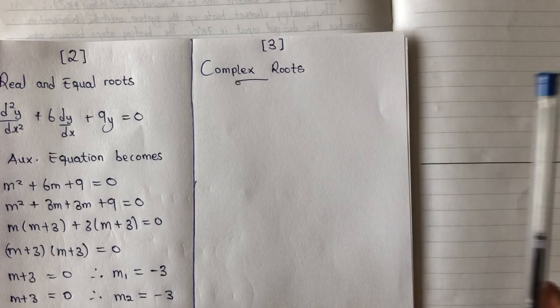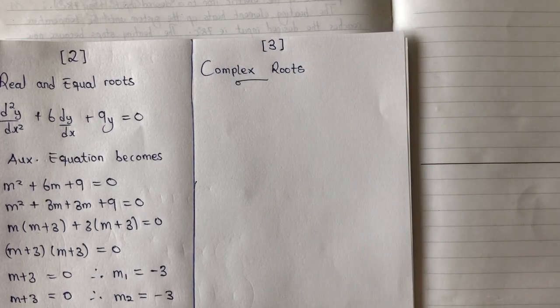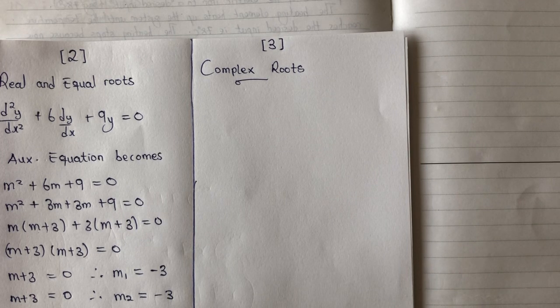Now, this is complex roots. What if the roots of the quadratic equation are complex? This is where most students find it very, very difficult. I remember I used to find it very difficult. Now, pay attention critically to whatever I am about to do, because you need to understand this.